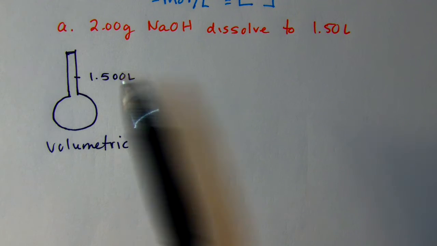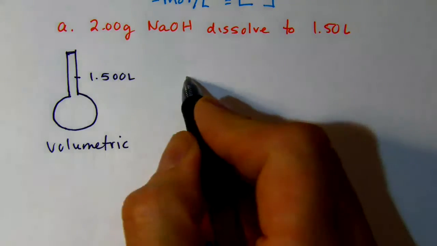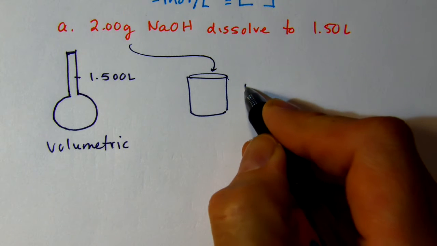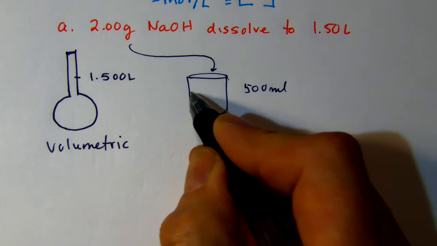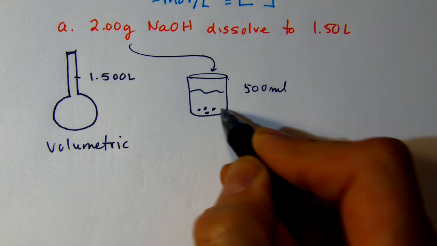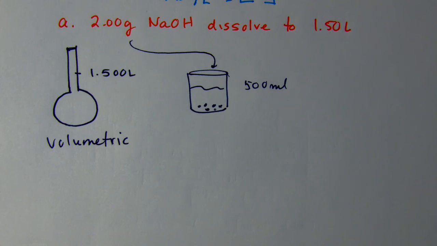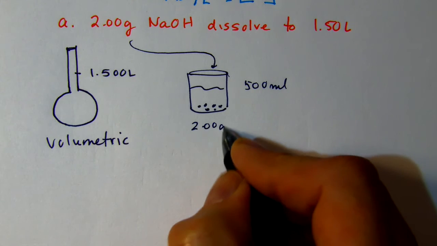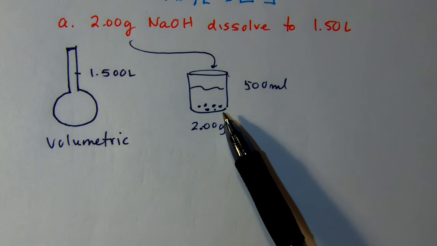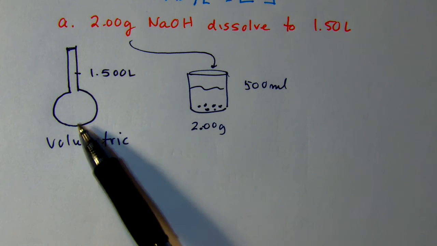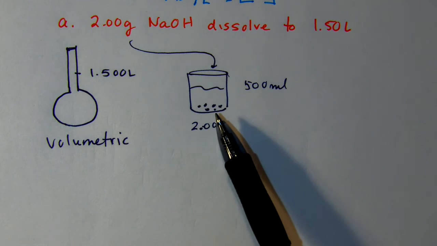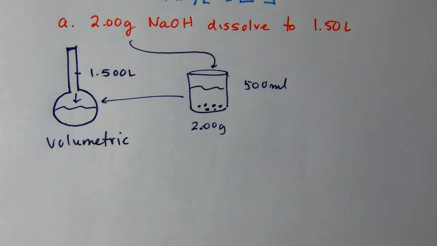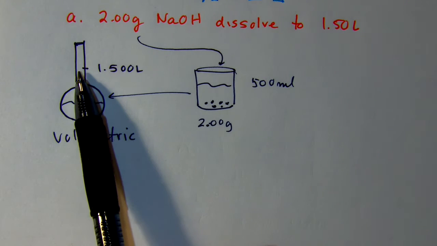And so what you would do is first take the 2 grams and dissolve it in maybe a 500 mL sample of water. Okay, so there's your little pellets of sodium hydroxide. And you would add water and dissolve it first, because trying to dissolve it in here is really hard to do. So you do it in here first, and then you would put it in here, right? And then you would add more water exactly up to this mark.